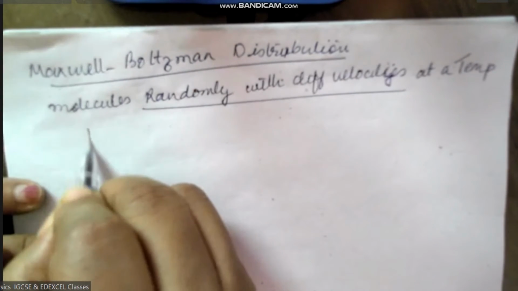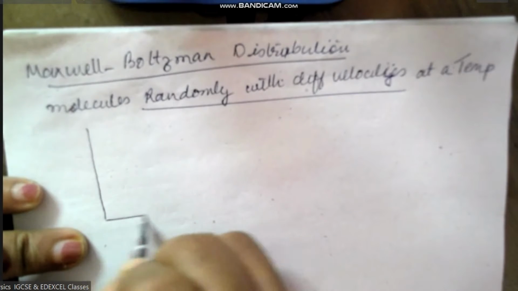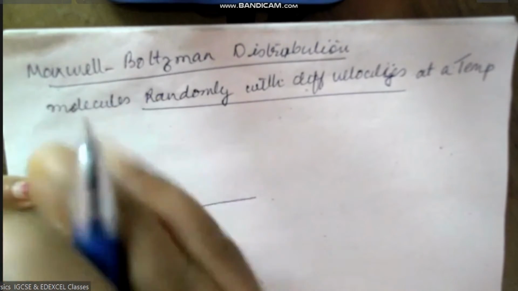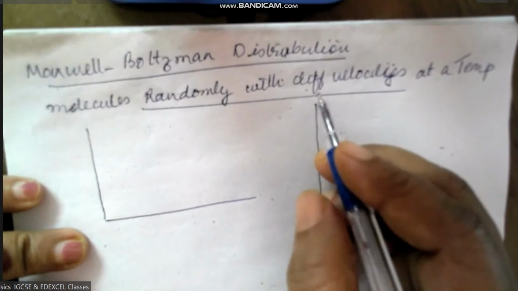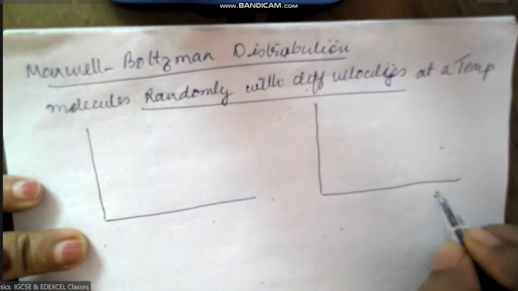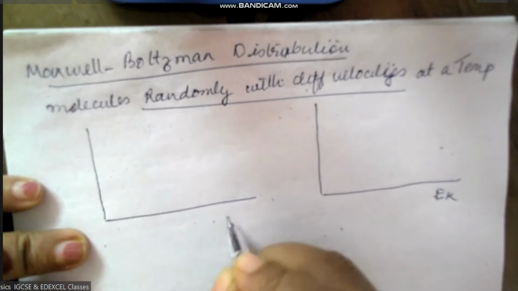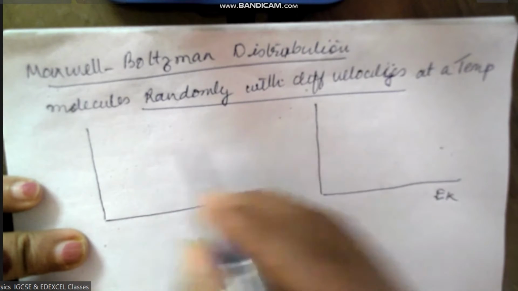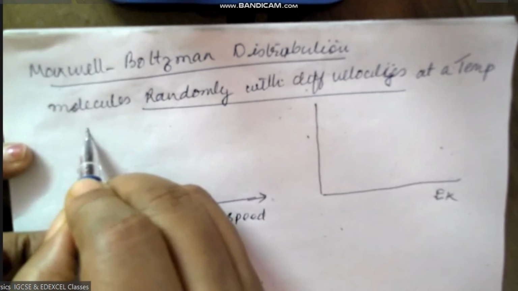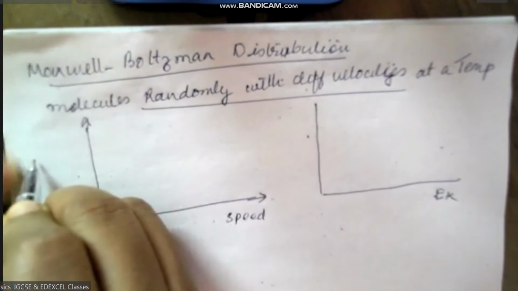Now, why should we take that average energy? That is explained by this one. This Maxwell's distribution curve can be either in terms of the kinetic energy or speed of the molecules.